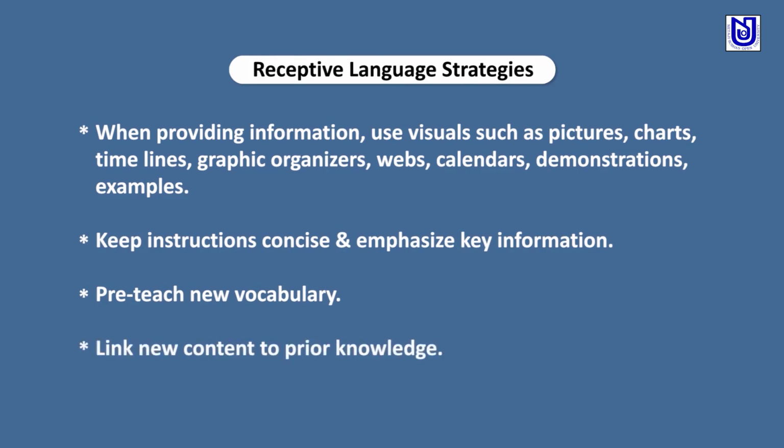Then link new content to prior knowledge. I just remind you that in teaching principles, we use the principle of known to unknown. So based on that principle, this strategy is very effective: link new content to their prior knowledge.